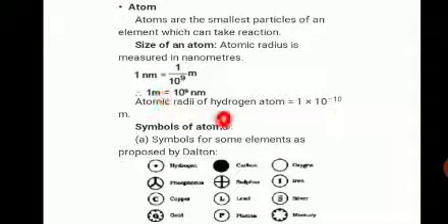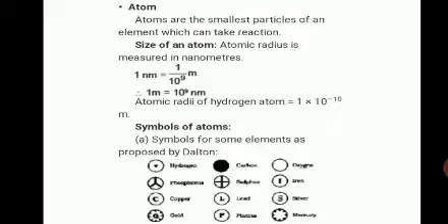The atomic radius of hydrogen is calculated as 1 into 10 raised to minus 10. As you all know, hydrogen is the smallest atom of all the elements.